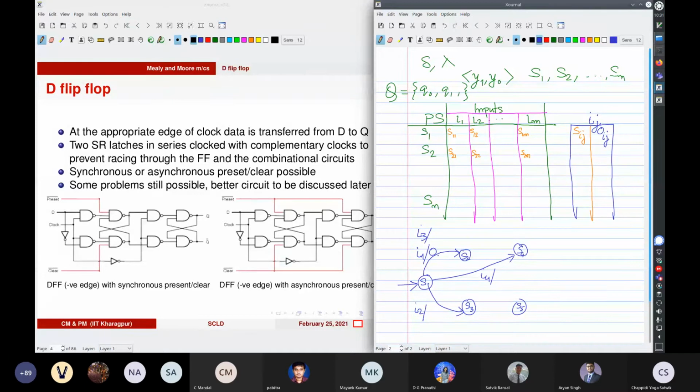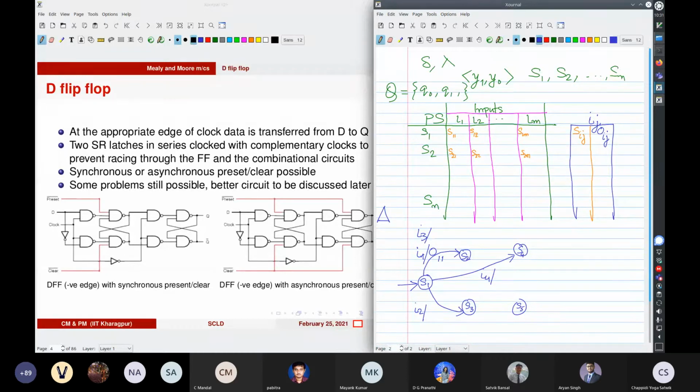So I have the output alphabet, as you have seen. These outputs just belong to the output alphabet. So this is O11, that means output from state 1 on input 1.